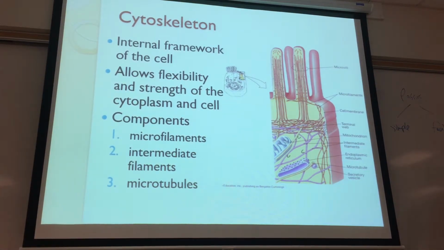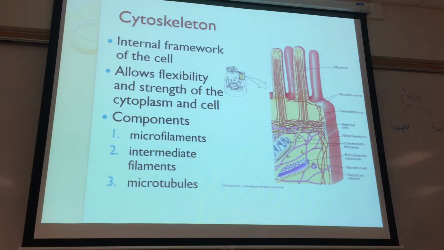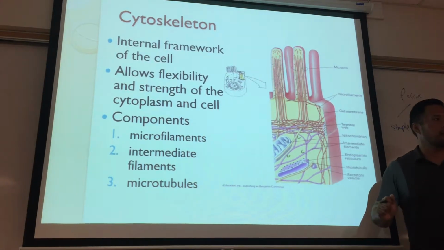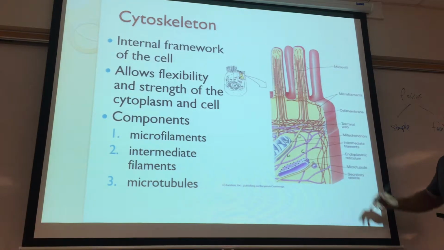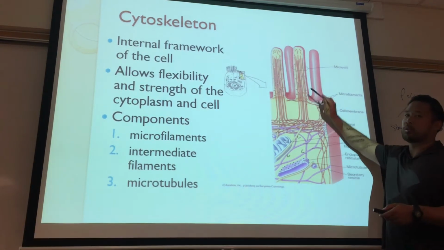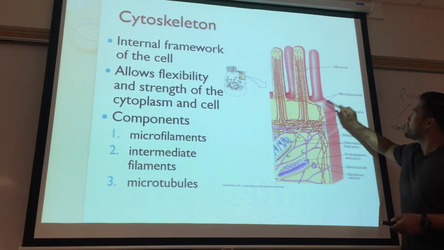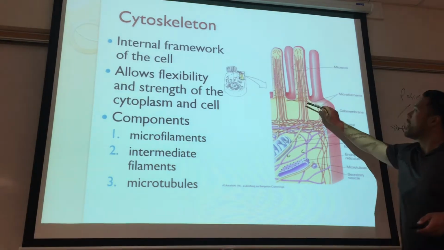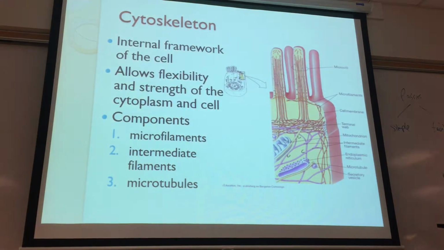But to explain what they are, microfilaments are basically thin filaments of actin, and they lend themselves to the structure of the cell. If you were to look at these villi, these are projections on a cell, which we'll talk about in our tissue lecture, the microfilaments allow that structure to maintain rigidity on those villi.